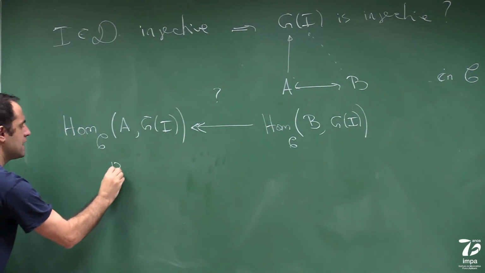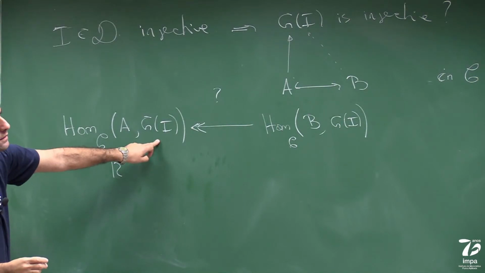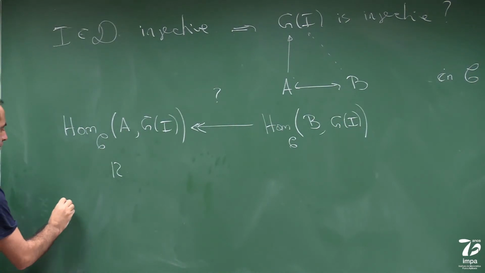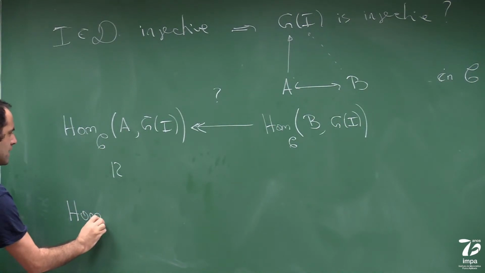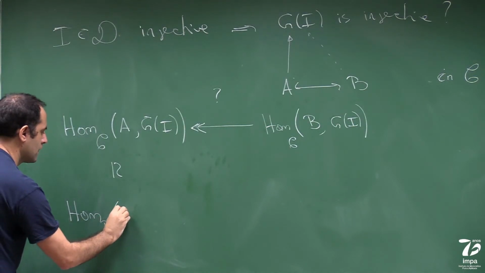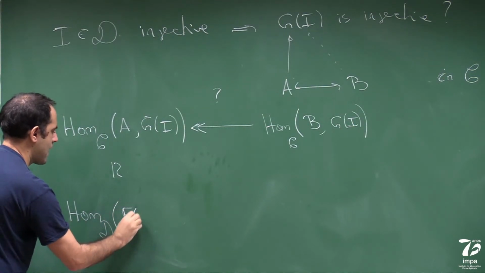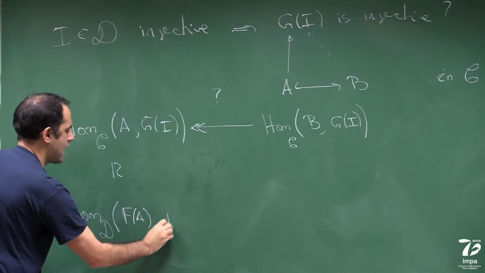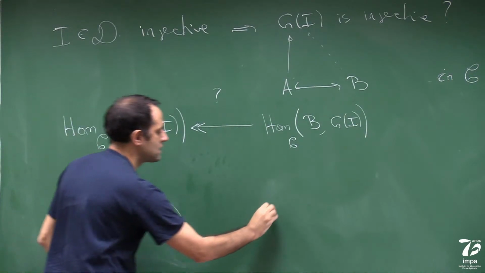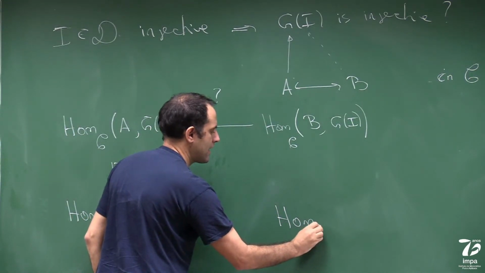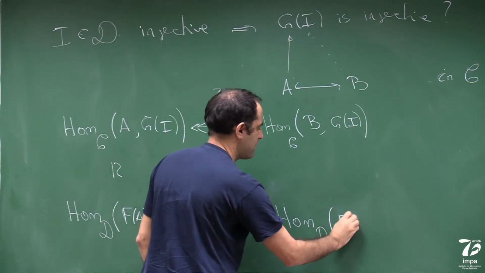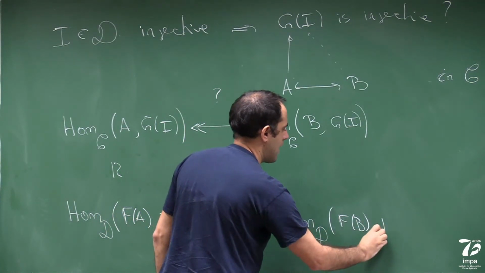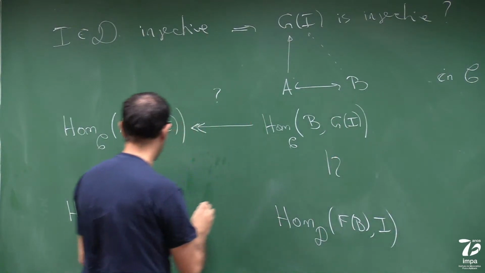But now G is right adjoint to F. So this is hom in the category D of FA, I, and this is hom in the category D of FB, I. These are naturally isomorphic.